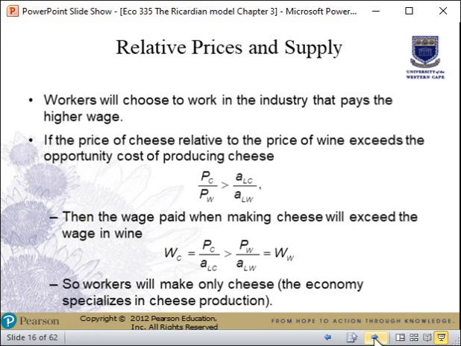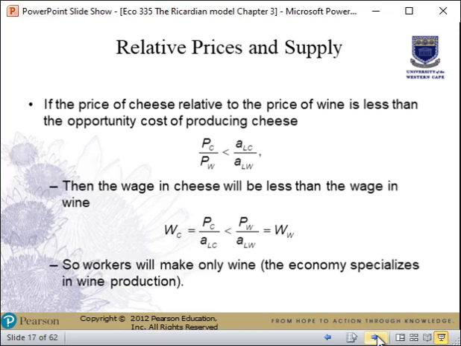If the price of cheese relative to the price of wine exceeds the opportunity cost of cheese, then the wage paid in the production of cheese will exceed that paid in wine production. Therefore, workers will choose to produce cheese only, since it is maximizing their earnings. Thus, the economy will specialize in cheese production.